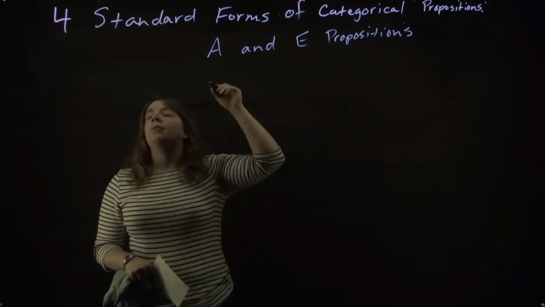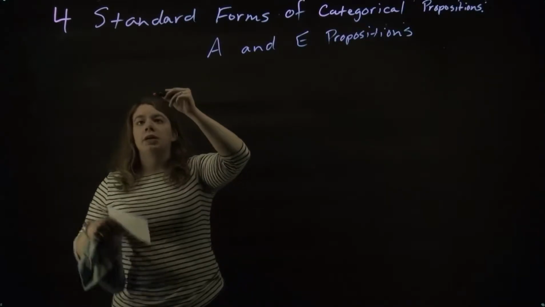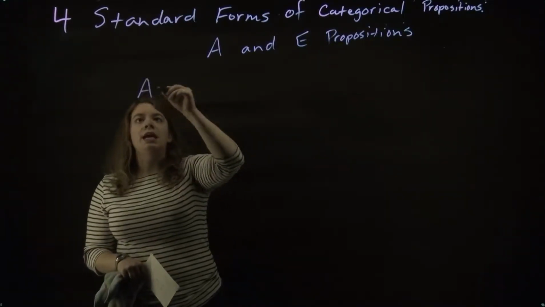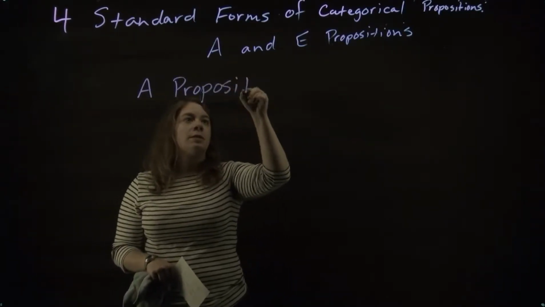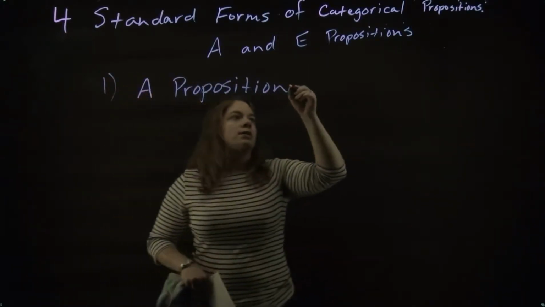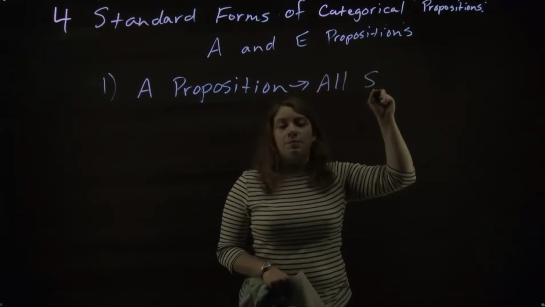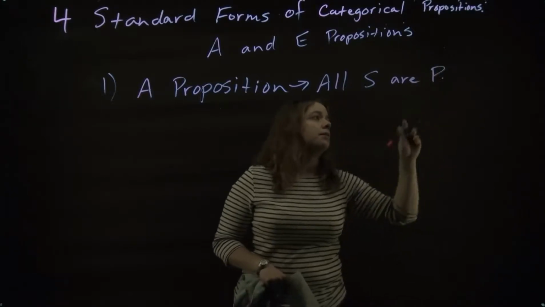So, the first few forms of categorical propositions that you will encounter, the first one being the A proposition. Now, the A proposition here is just your very standard "All S are P," S being the subject, P being the predicate. Okay.